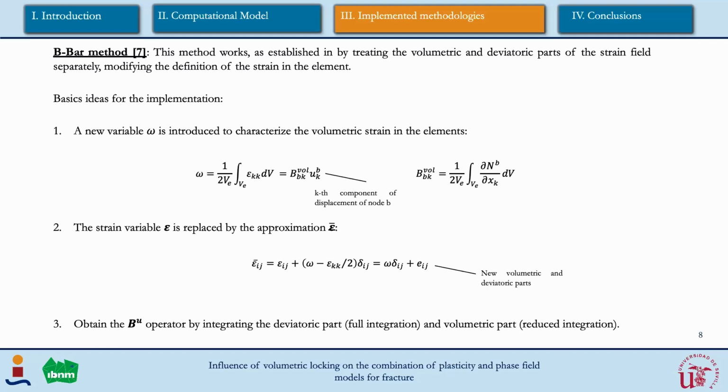With that, we are modifying the B operator for the volumetric part. The second task is to set the new definition for the strain field with the parameter omega that we defined before. And last but not least, we also set a full integration path for the deviatoric part and a reduced integration path for the volumetric part. Those are the main goals of the V-bar method.